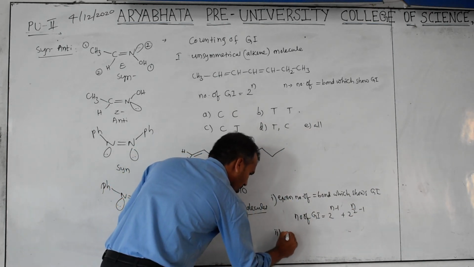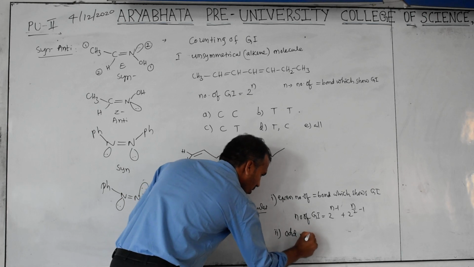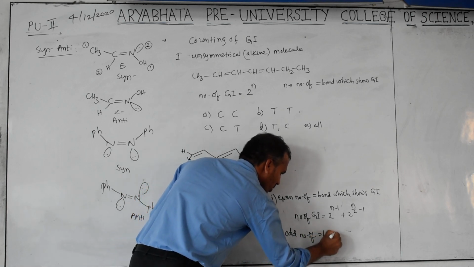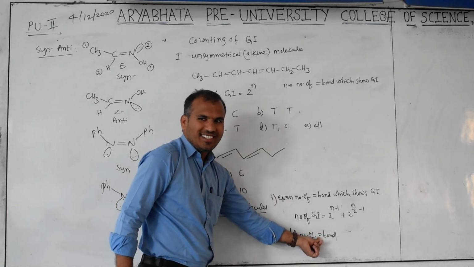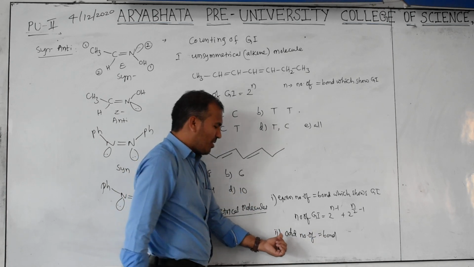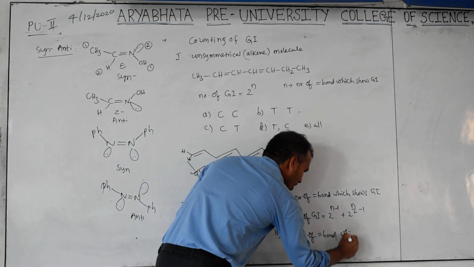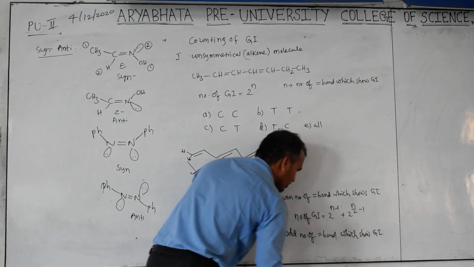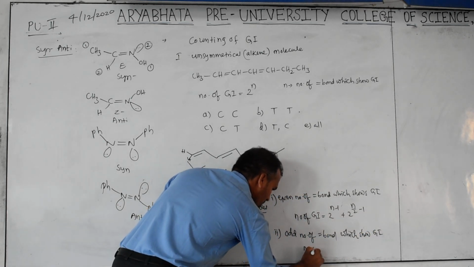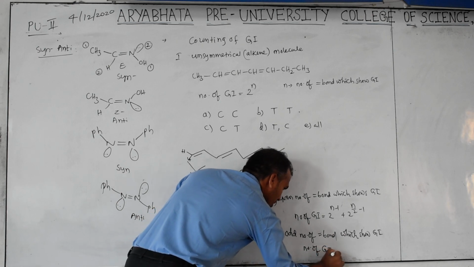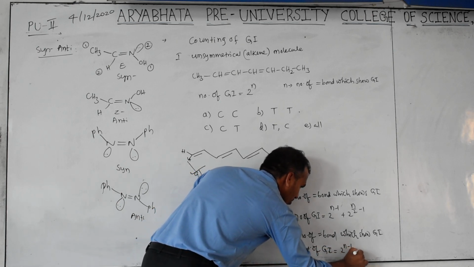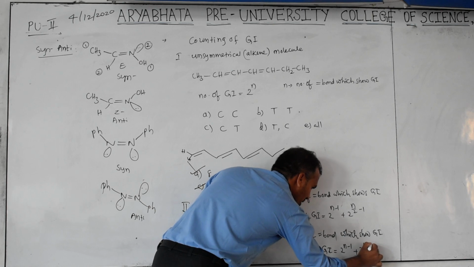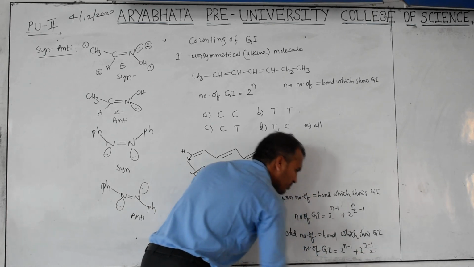Second, odd number of double bonds which show GI: number of GI is equal to 2 power n minus 1 plus 2 power n minus 1 by 2.